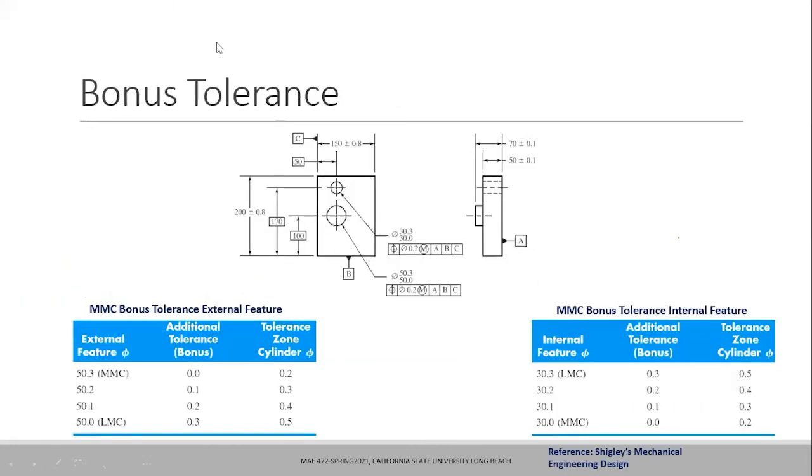Let me explain the tolerance zone again. This is the internal feature, 30 to 30.3. The MMC happens at 30. So when the material is at MMC, I have no bonus tolerance. The tolerance will be as specified in the drawing. But when I'm away from MMC, which is at 30.3, then that extra 0.3 gets added to the tolerance.